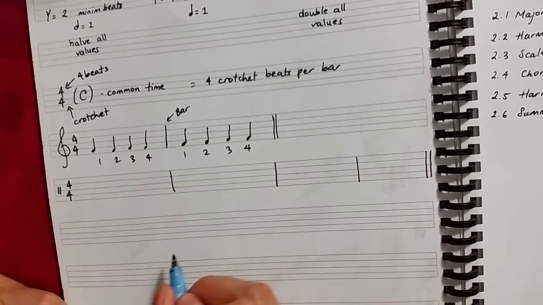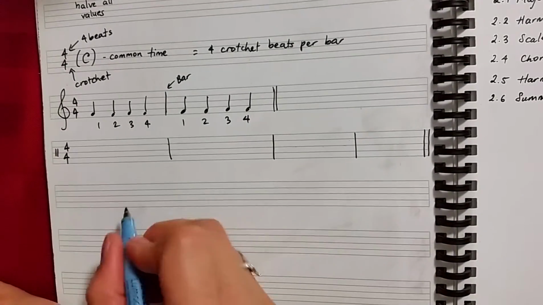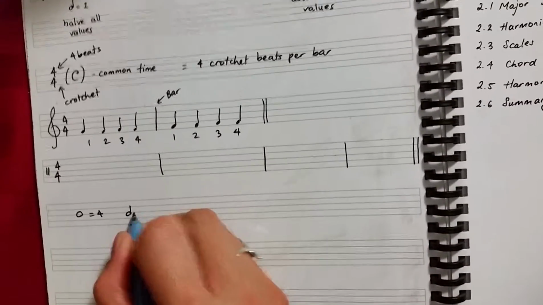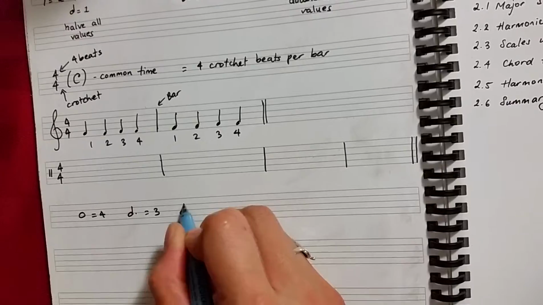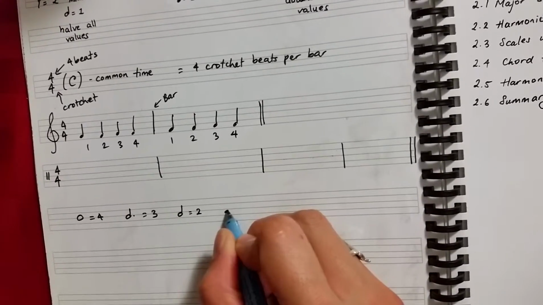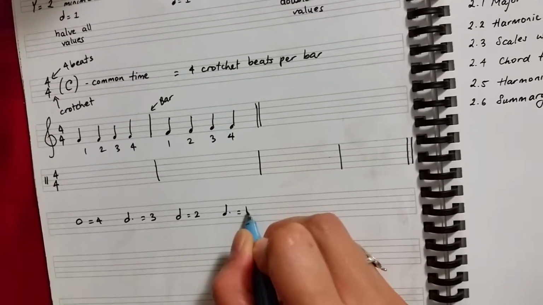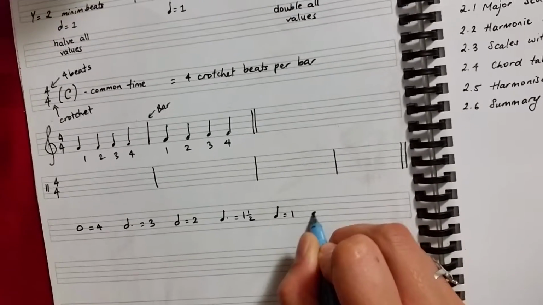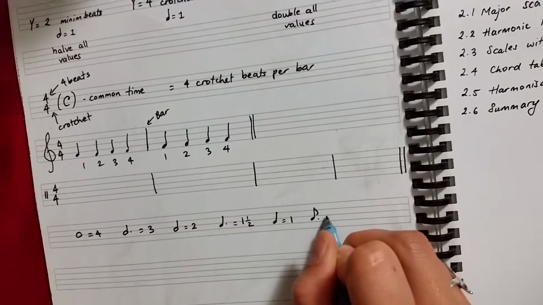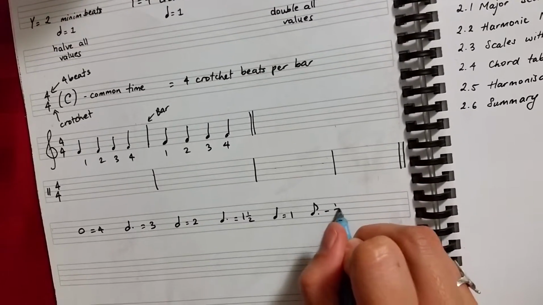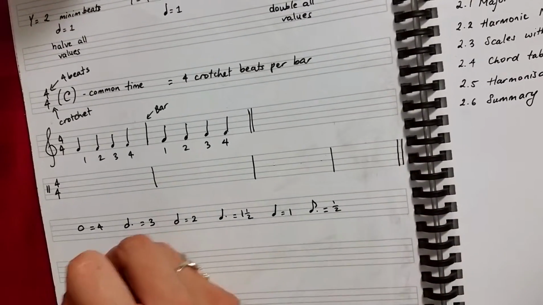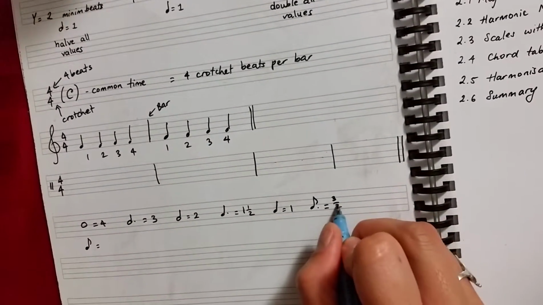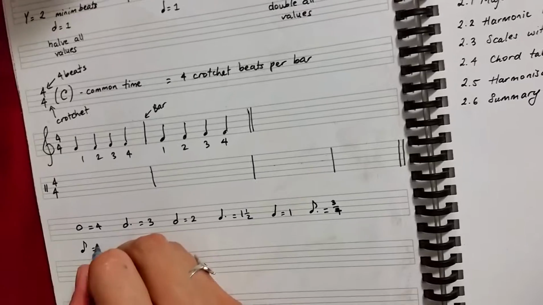Okay, so you would have learnt from the last video the different note values. The semibreve was worth 4, dotted minim worth 3, minim worth 2, dotted crotchet worth 1.5, crotchet worth 1, dotted quaver worth 3/4, my mistake.